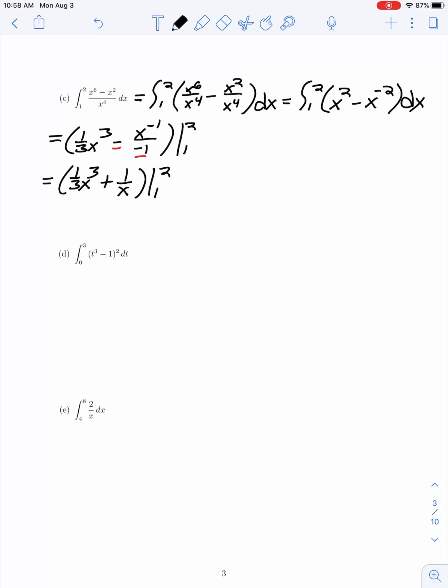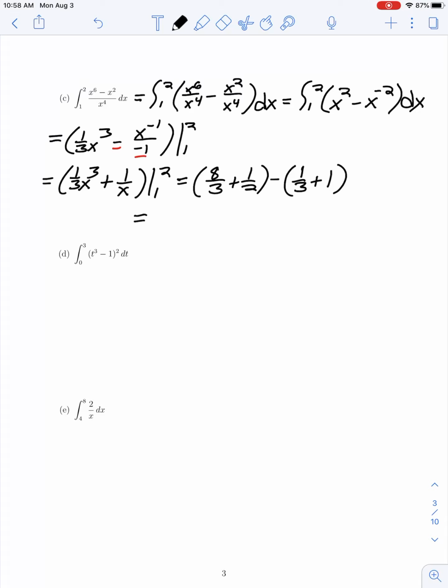And now we're evaluating from 1 to 2. When we substitute 2 in for x, we have 8/3 plus 1/2. And then we subtract the value that we get when we substitute 1 in for x, which would be 1/3 plus 1 over 1, which is just 1.